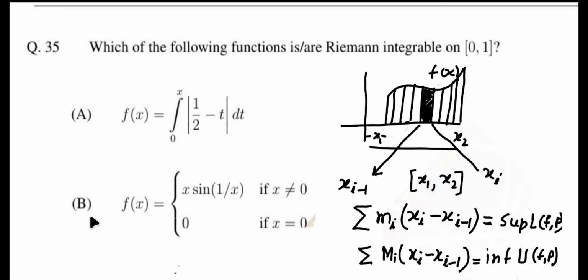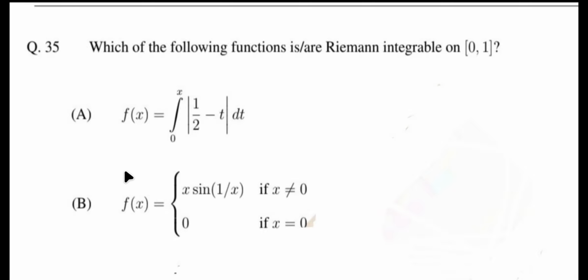Okay, so let us now go for the options. Here, this is our integrand, and it is a continuous function in t. Now see the upper limit. The upper limit x is also a continuous function. The lower limit, 0, is a constant, and you must know that a constant is also a continuous function.